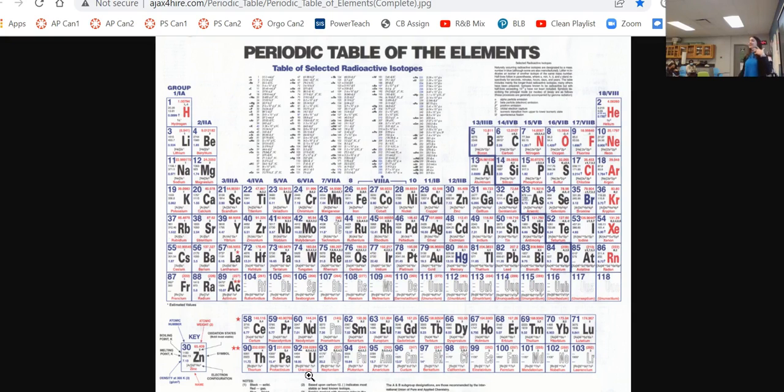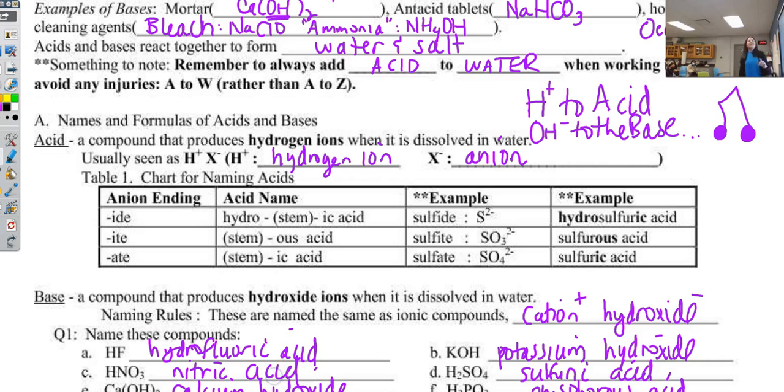If it starts with hydro, there's only one polyatomic ion that we were doing. It was HCN. Because it ends in ide, it's cyanide, and that one would also be hydrocyanic acid. But the rest of the polyatomic ions end in ite or ate. If it ends in ite, you're going to change your ending to ous, and if it ends in ate, to ic.